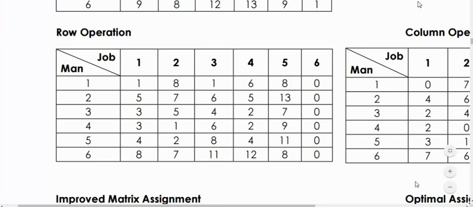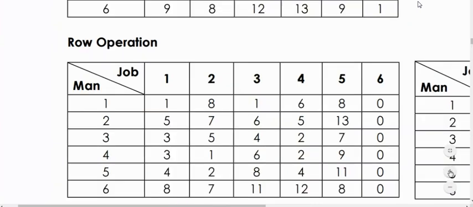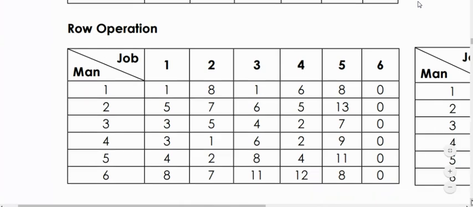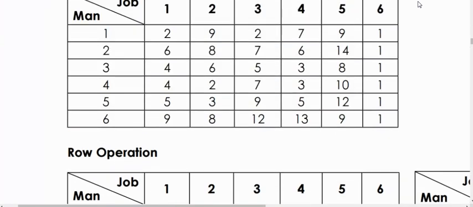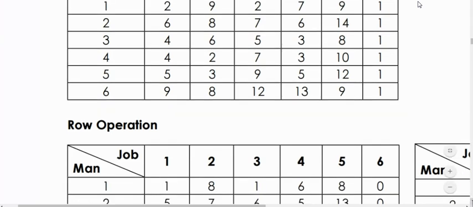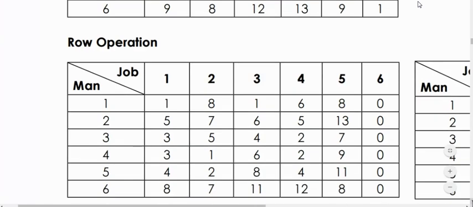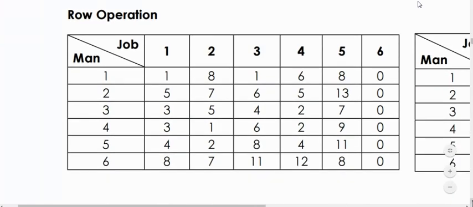So guys, see here, the row operation table. When you are solving the question in the exam, first you will make the table as it is given in the question with an equal number of rows and columns, and then you would remake the table. You would make the second table now. The second table is known as the row operation.